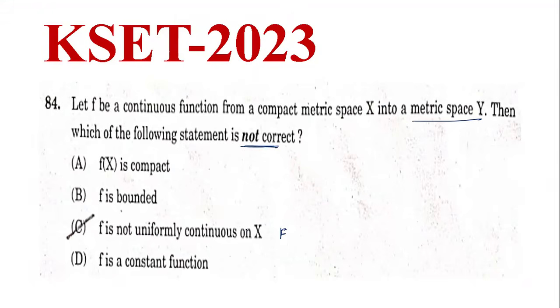Therefore, this is the false statement. They are asking not correct statement. Therefore, this is answer. The others are true. I will discuss this question again in metric space using properties of metric space.